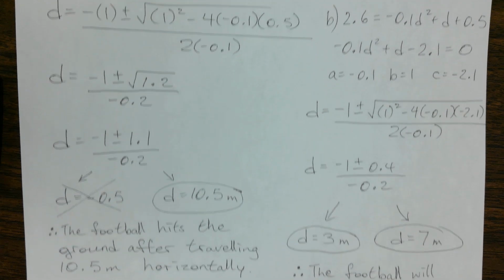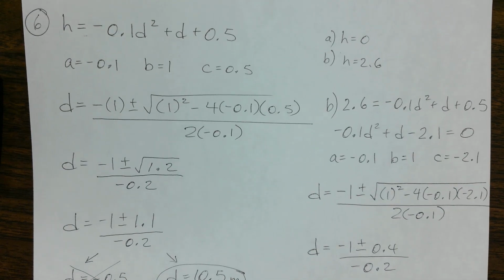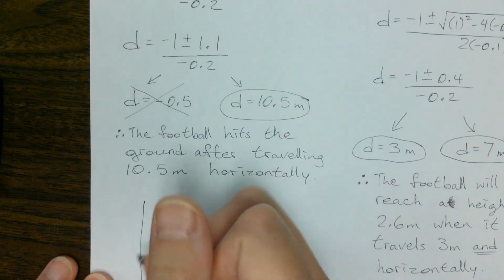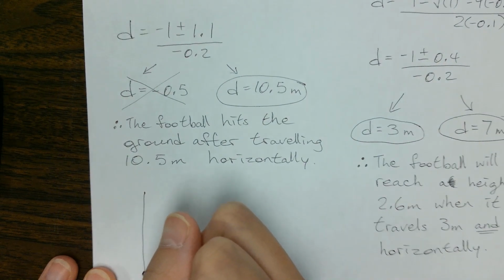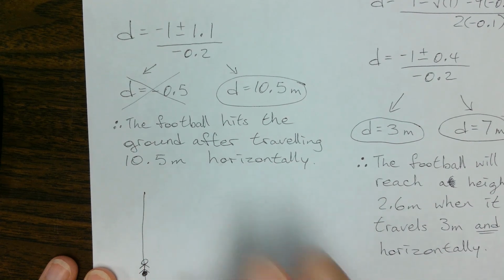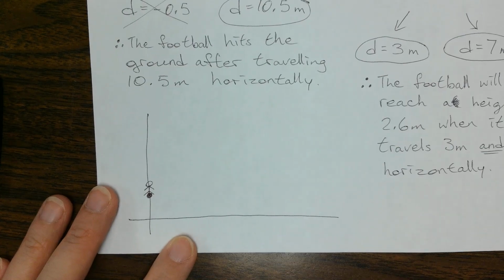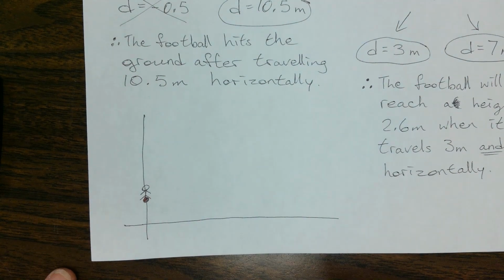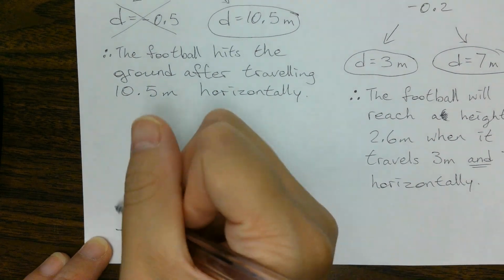How high did I stand? Okay. What's my y-intercept? Yep. 0.5. My y-intercept is right here. So this is where I'm standing. That's me right there. Throwing a football. Actually, my hand should be right here. Okay. 0.5.